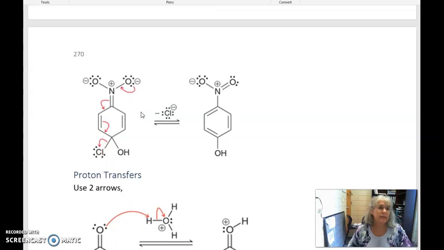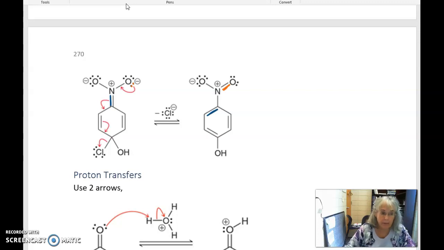You can have a loss of a leaving group with more arrows. Here we have a set of electrons that come down and make a double bond here. Nitrogen can only have 4 bonds, and so these electrons come down and make this pi bond.